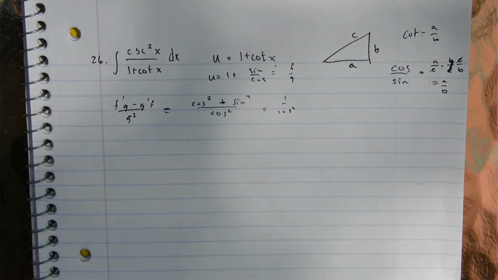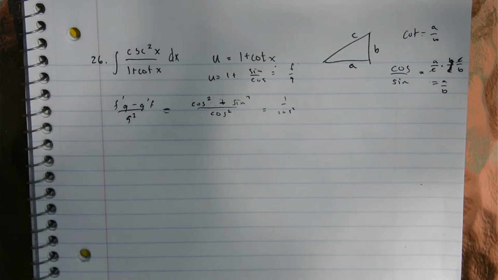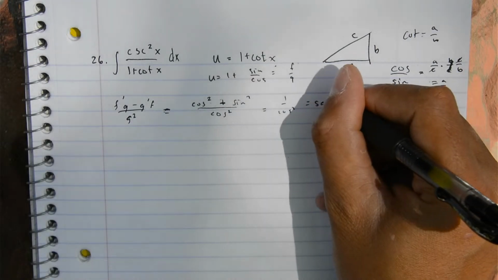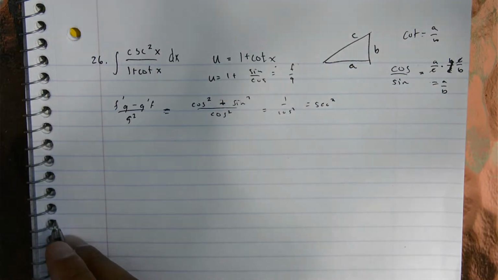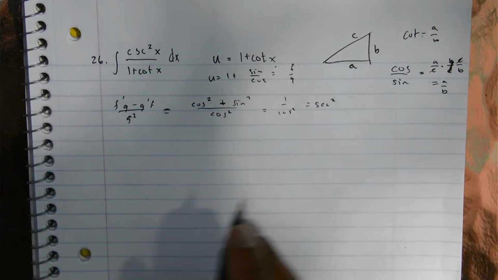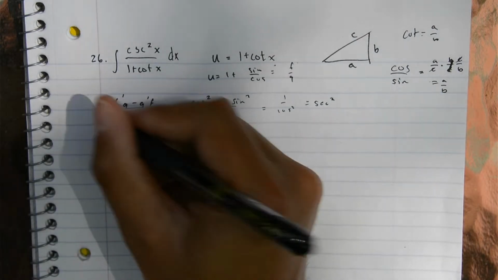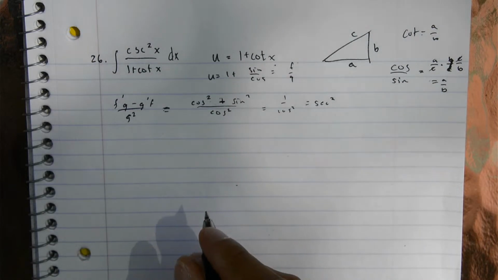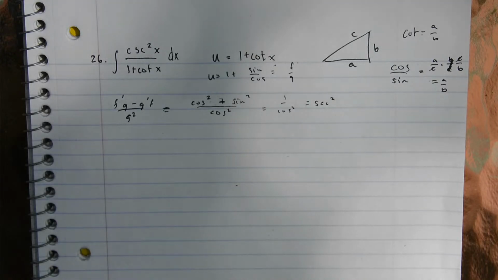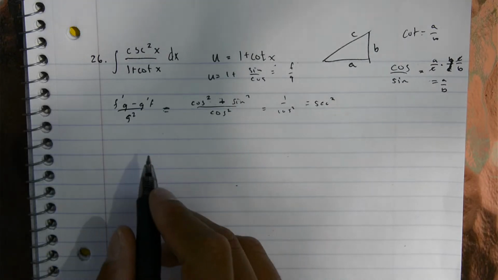Oh, what? Wait, but maybe we can still simplify that because, oh, you know what? Actually, I got it. We're chilling. Wait, are we chilling? There's got to be a simplification here.